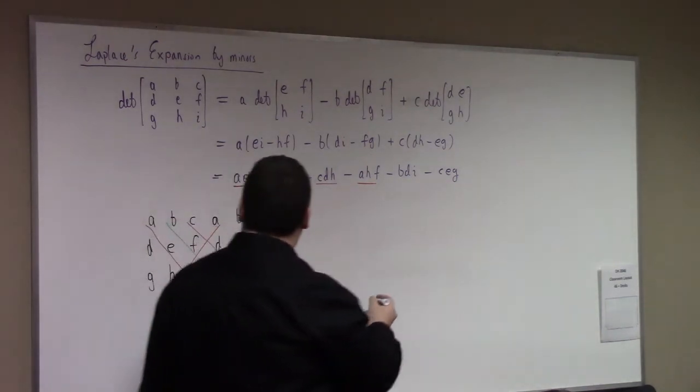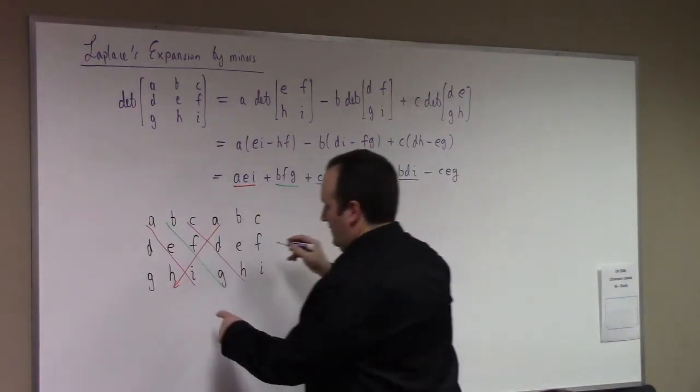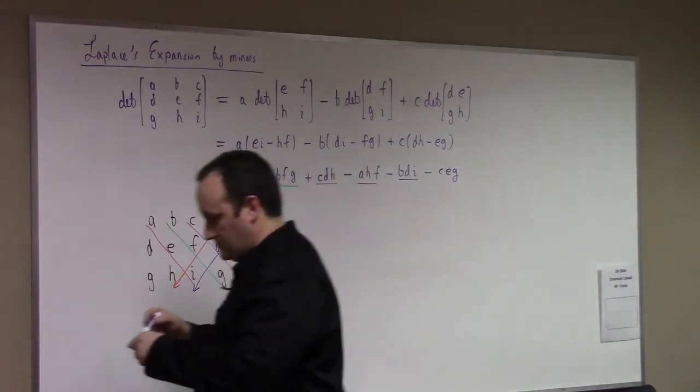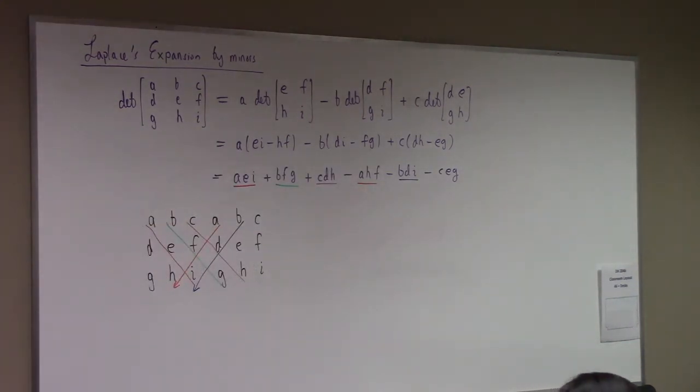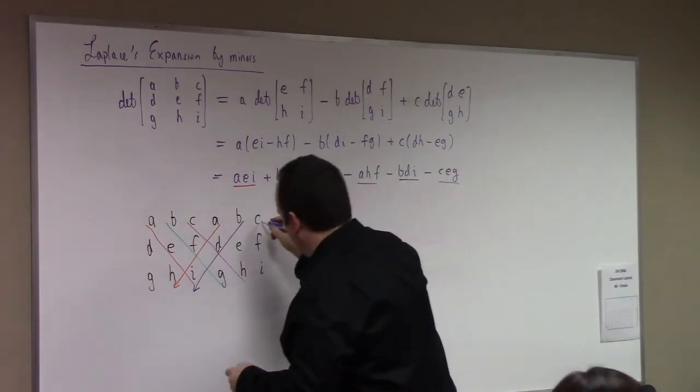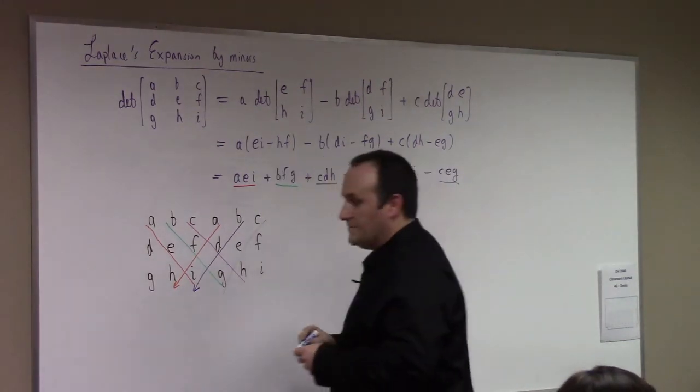Let's see here, BDI, like that. Hey, this is pretty cool. I did not plan on those coming out in the same order as in the picture. That is an accident. There it is. So this is the 3 by 3 crossing trick.